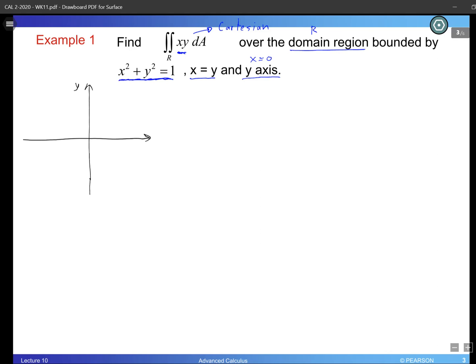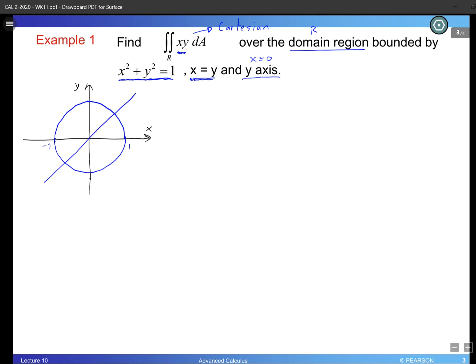Let me put y right here and x right here. So this is 1 and 1 right here, and around here it's supposed to look something like this. Circle of radius 1. So this is 1 and minus 1. Okay, next line is x equal to y. Easy, one straight line.